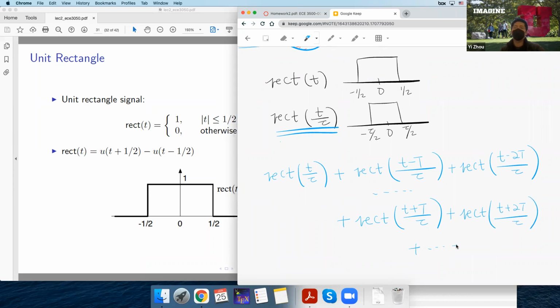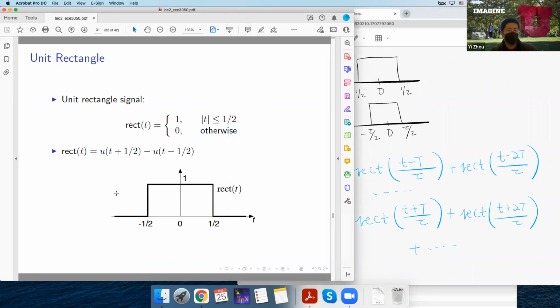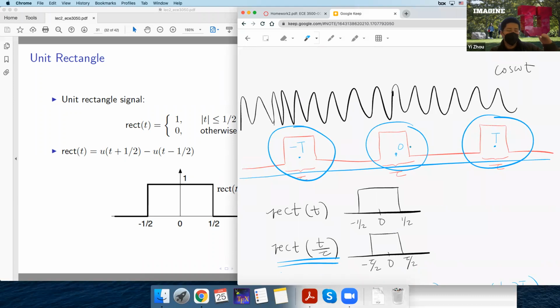So this is the mathematical expression corresponding to this periodic window signal. And you can see we just leverage this unit rectangle signal. We do a proper time scaling and then a proper time shifting to place them in the right locations.